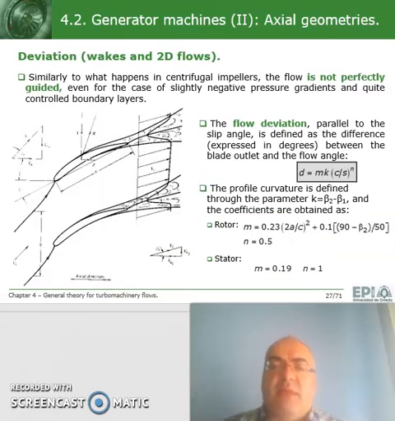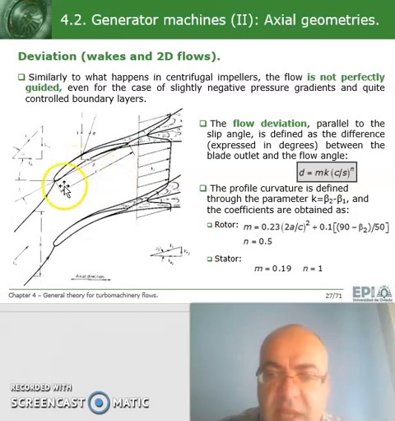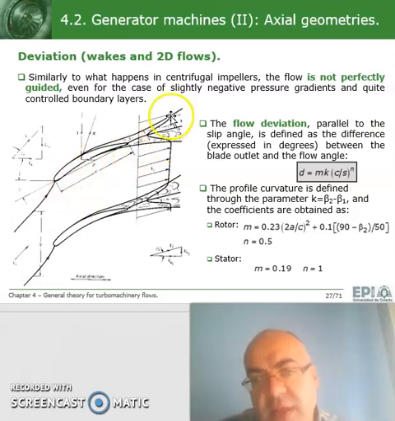And then to complement the 1D or 2D theories, we have the same ideas as for the centrifugal flow machines. We have the not ideal or imperfect guidance of the flow. So we have the slip triangle idea, the same as we have developed in previous slides on this chapter 4. And also we have the jet-wake pattern here. You see here again the cascade analysis, inlet velocity triangle, outlet velocity triangle, and in fact we have 2 velocity triangles because we have the jet and the wake velocity triangle.